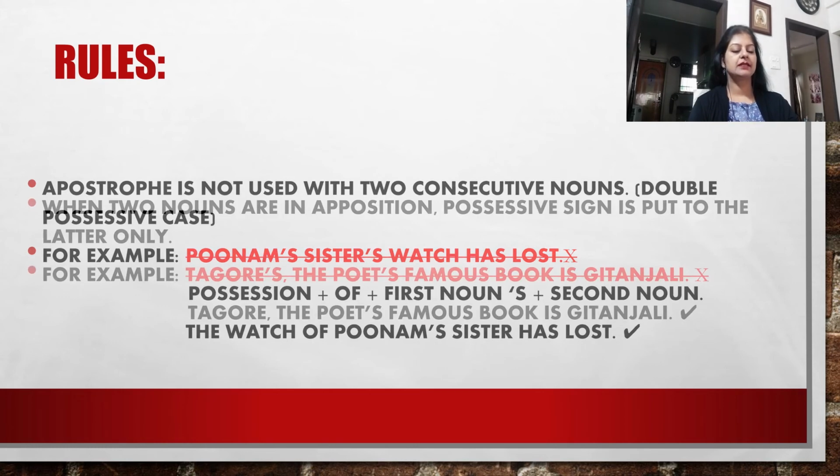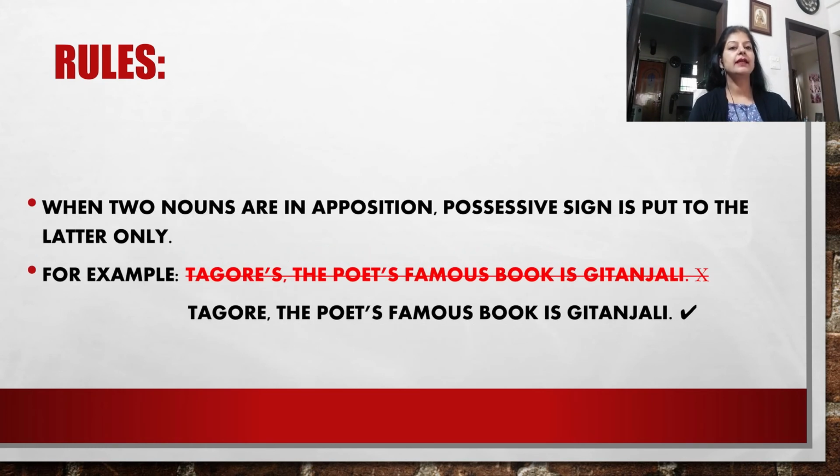And the next rule is, when two nouns are in apposition, the possessive sign is put on the later one only. Apposition means two nouns or noun phrases are used to refer to the same person or thing. For example, Tagore's the famous book is Gitanjali. Here I am talking about the book, the famous book, that is Gitanjali.